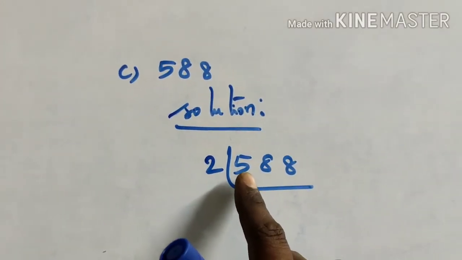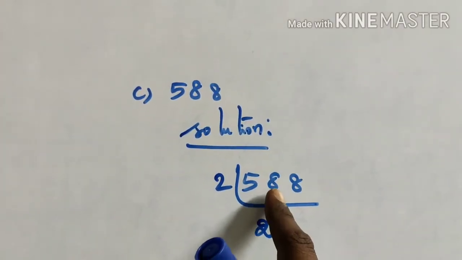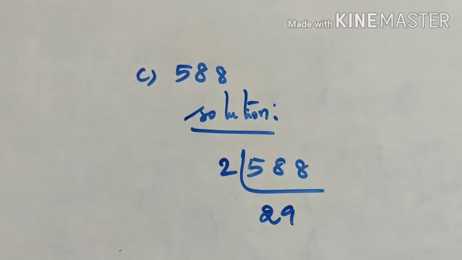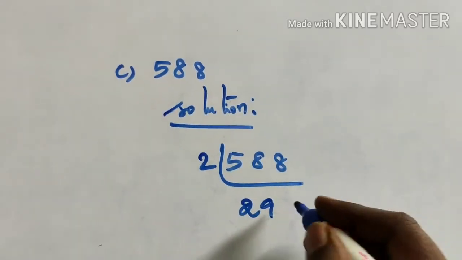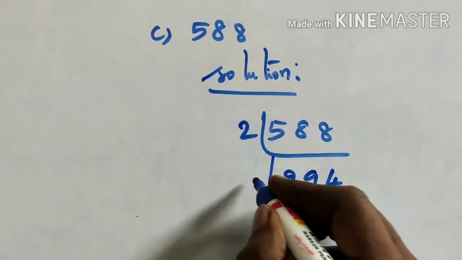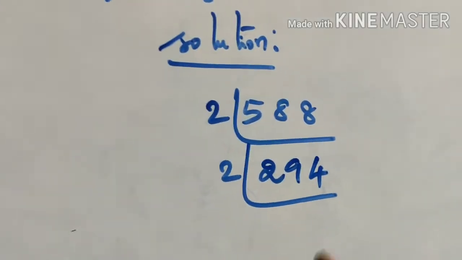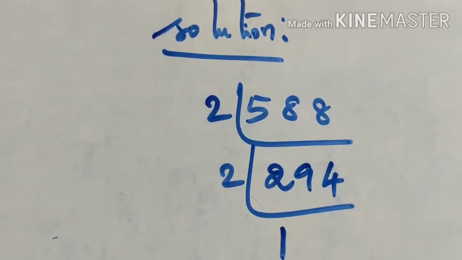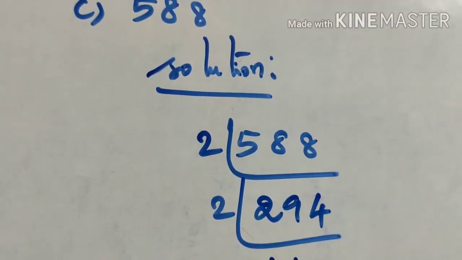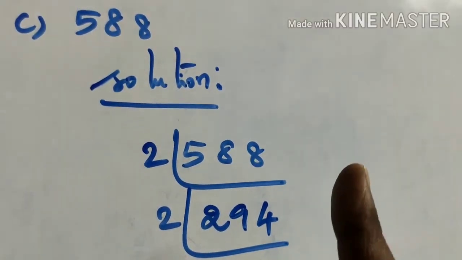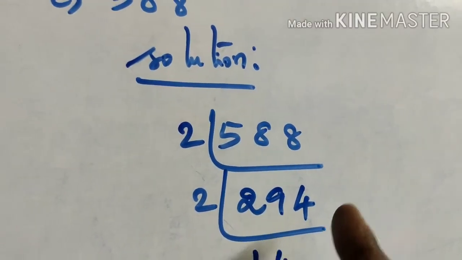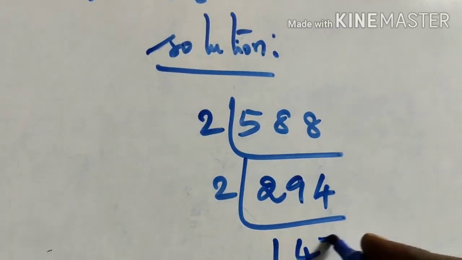So, remainder 1. Next number is 8. So, 18. In 18, how many 2s are there? 9. Exactly. Next, in 8, how many 2s are there? 4. Again, divide by 2. In 2, how many 2s are there? 1. In 9, how many 2s are there? 4. 4 2s are 8. 9 minus 8, 1 remainder. Next number is 4. So 14. In 14, how many 2s are there? 7.